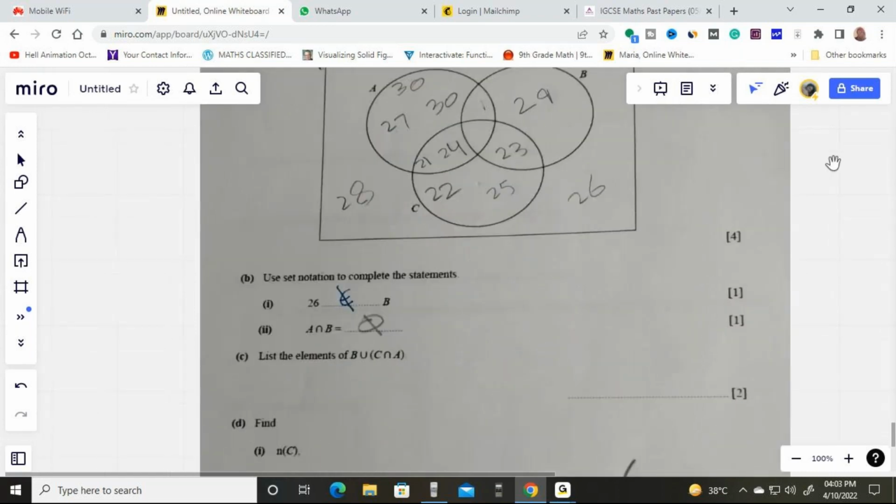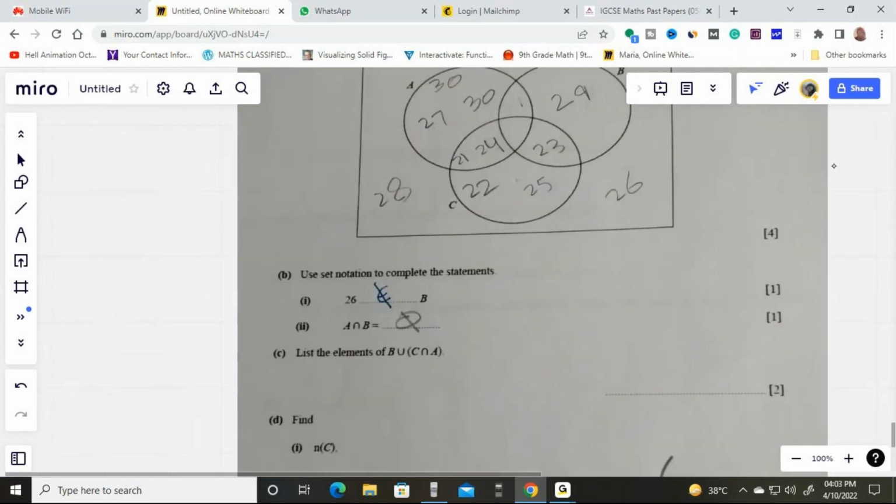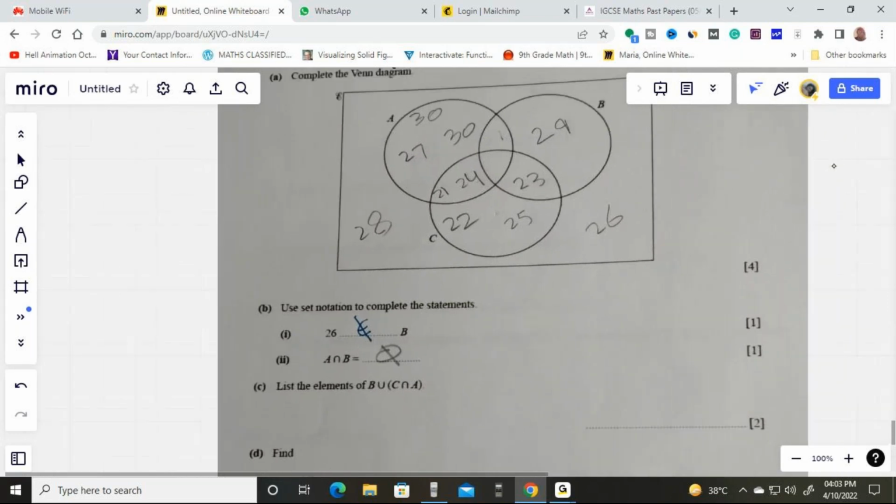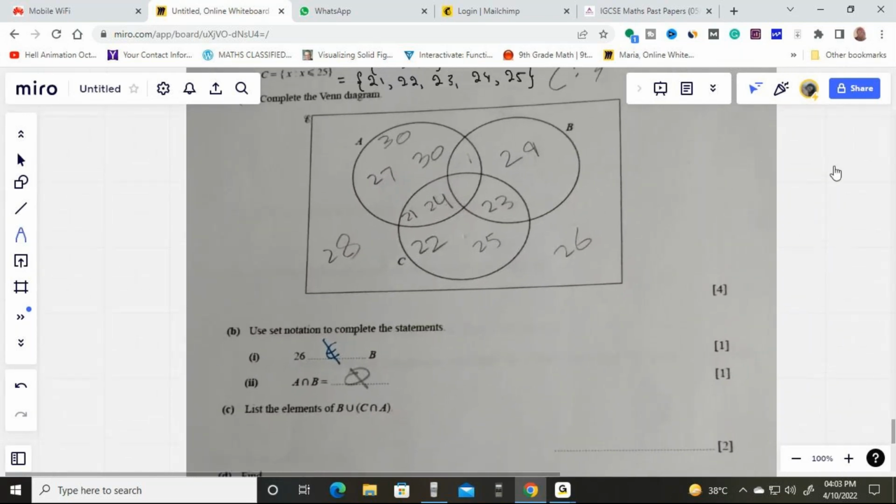Now you need to list the elements present in B union C intersection A. In C intersection A, you have 27 and 24. These are the common elements present in C intersection A, and then you take its union with the set B. So you just combine all these elements.